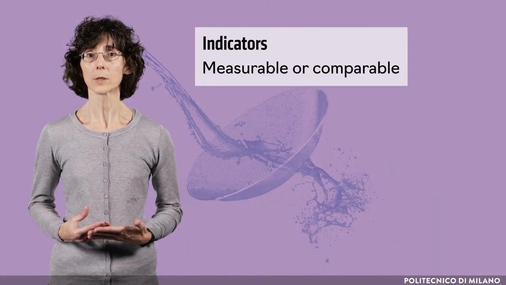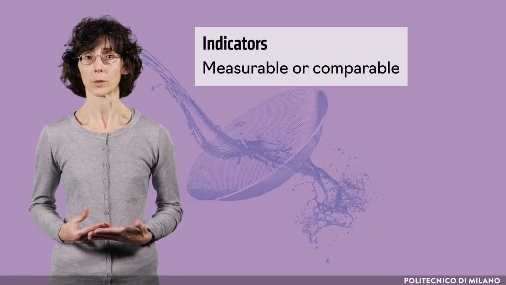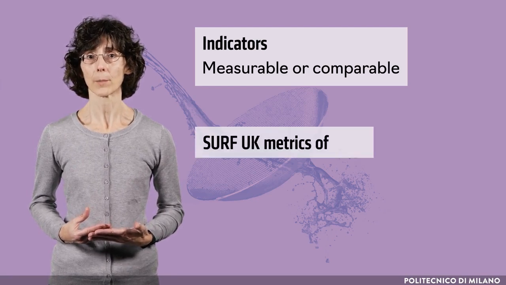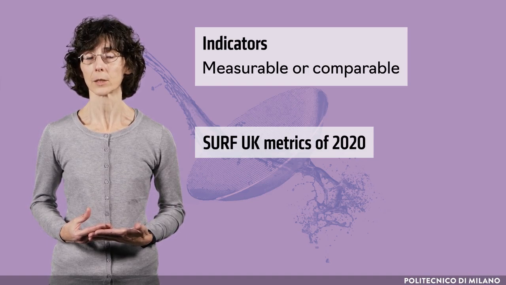Hence, indicators need to be measurable or comparable in some way that is sufficient to allow this evaluation. Let's do some examples referring to SURF UK metrics of 2020, which are somehow a reference in the lack of a standardized and shared set of indicators at the international level.